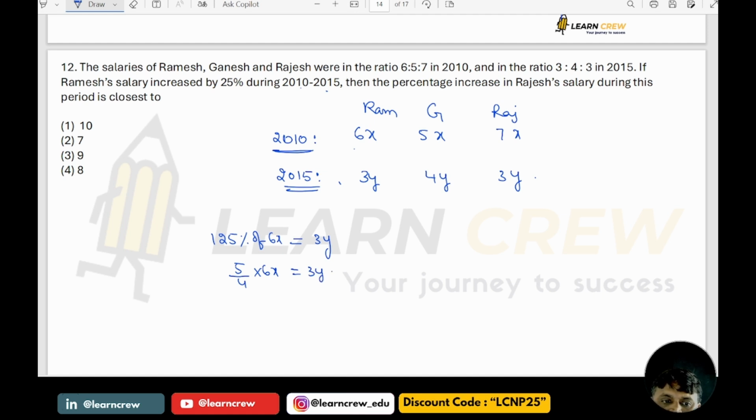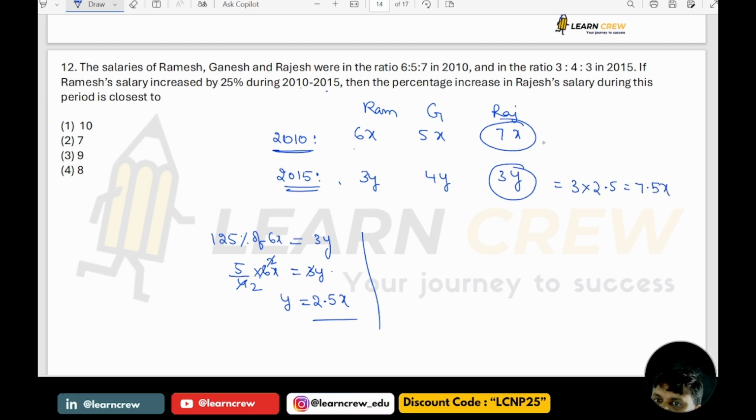So from this, what have I got? 3y equals 7.5x, so y is equal to 2.5x. y is equal to 2.5x is the relation. Now what is the question given here? Find the percentage increase in Rajesh's salary. Rajesh's salary is initially 7x and finally in 2015 it is 3y, which is 3 into 2.5x, which is 7.5x.